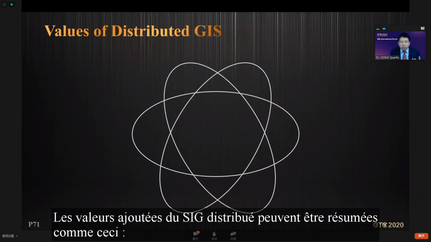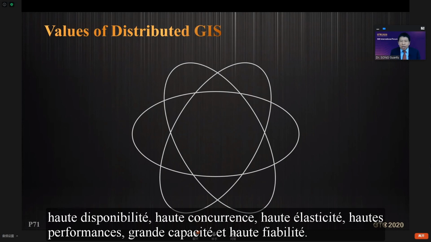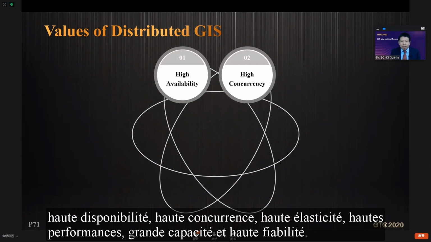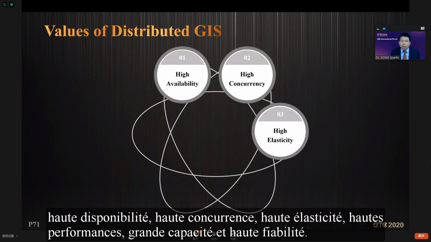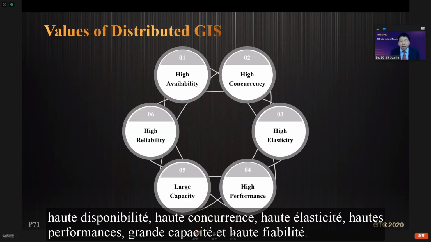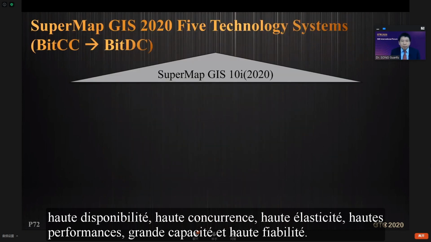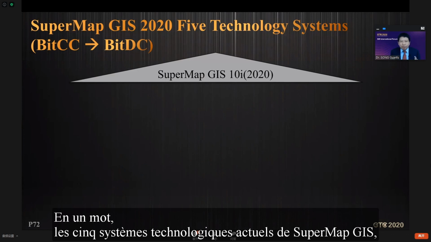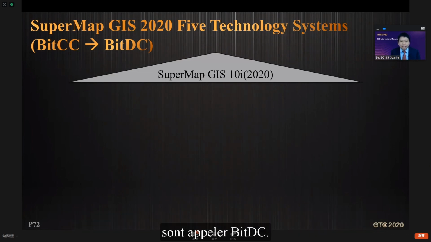The values of distributed GIS can be summarized as high availability, high concurrency, high elasticity, high performance, large capacity, and high reliability. In a word, the current 5 technology system of SuperMap GIS is BitDC, which is developed from BitCC.